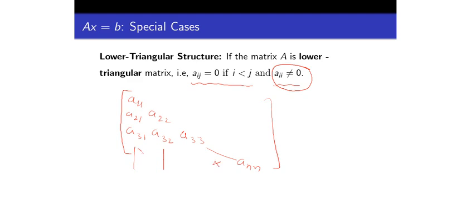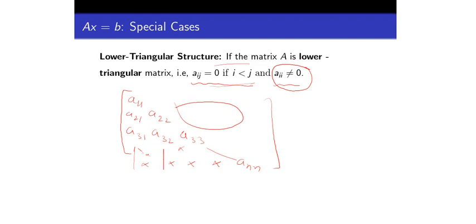Some non-zero entries may be there, but above the principal diagonal we have zero entries. You can see this is A12, so 1 is less than 2, A13, 1 is less than 3, and so on. That verifies the condition.